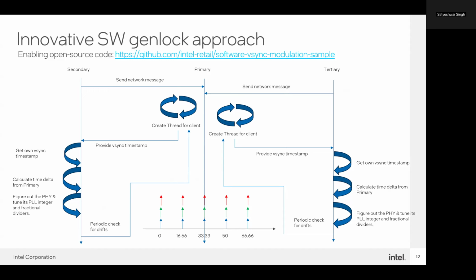Now that we have implemented this algorithm once, we have gotten the two systems in sync with each other, and the threshold is, let's say, 500 microseconds. As and when the drift starts to happen and they go above that threshold, we can go back and re-implement this algorithm, meaning ask again from the primary what its vsync timestamp is, figure out the delta, and then use the fractional dividers to synchronize again. And that's how the whole thing can stay in sync for an infinite period of time.